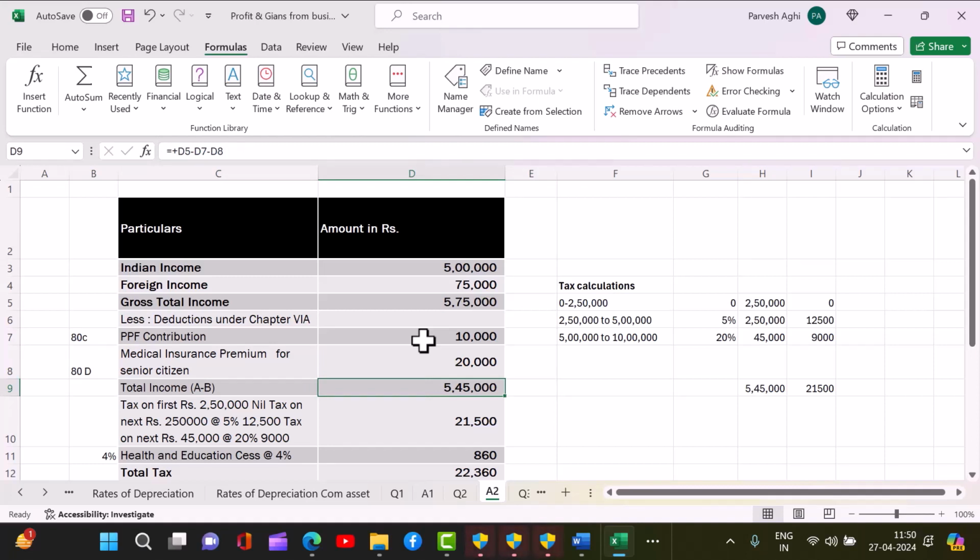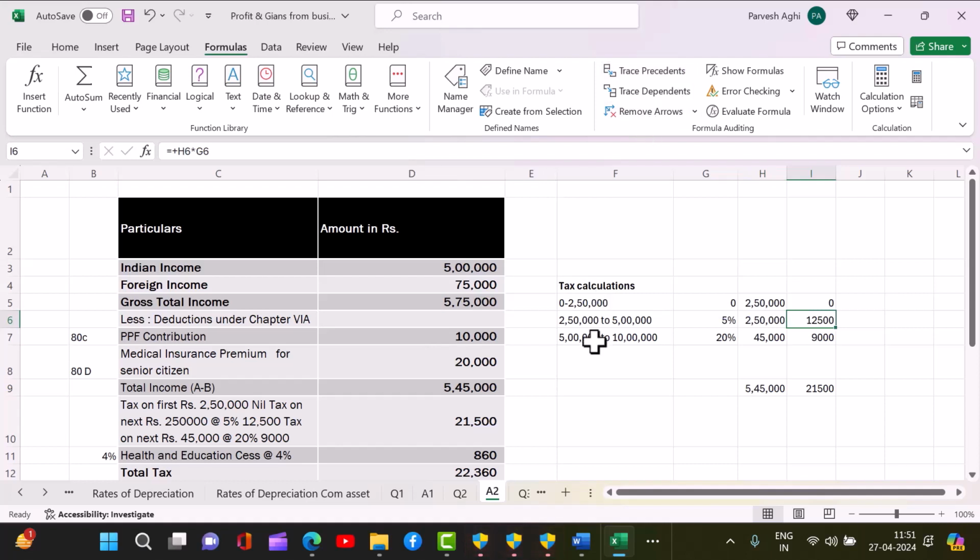Okay. Now on 5 lakh 45,000, under the normal tax regime, 0 to 2 lakh 50,000, tax is 0. So there is no tax. From 2 lakh 50,000 to 5 lakh, it's 5%. So it will come to 12,500. Fine.